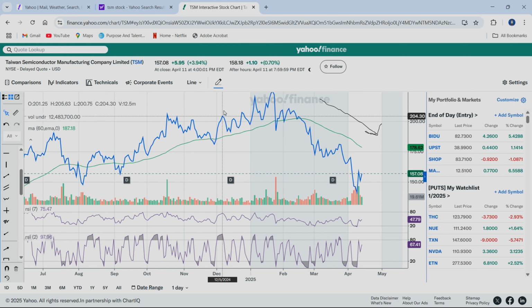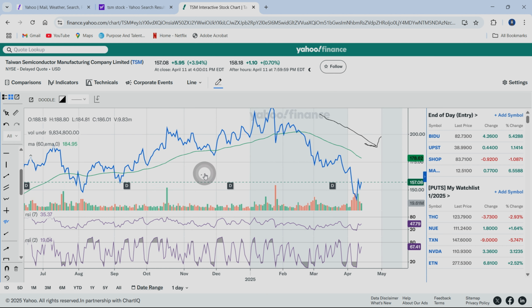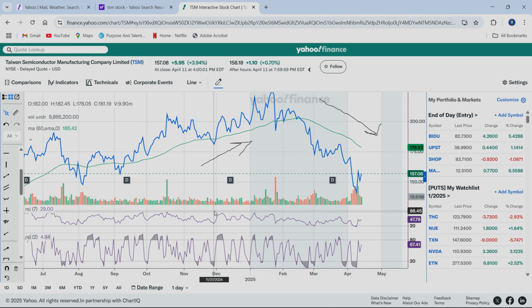All right, so if it's overbought, if the moving day average is going upward, what do you want? You want underbought or overbought? You want underbought. So if it's upward, you want underbought. This is the RSI 2.